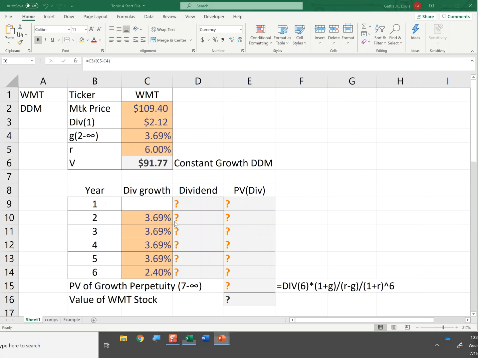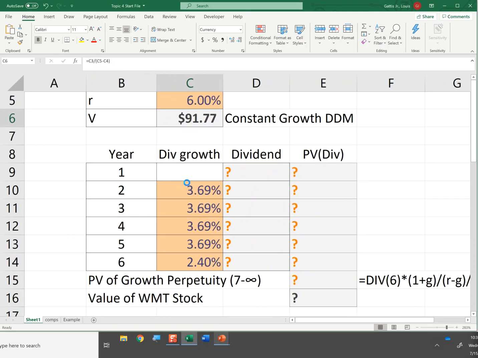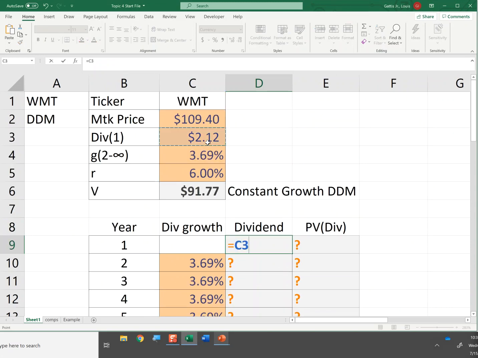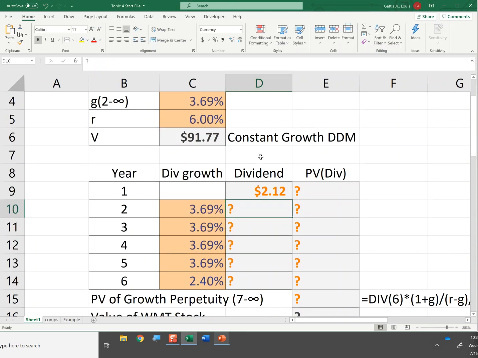I'm going to go to my spreadsheet. The first dividend is expected to be $2.12. Then that $2.12 is expected to grow at 3.69%. I'll anchor that 3.69% for the next 5 years, so I'm going to copy that down.